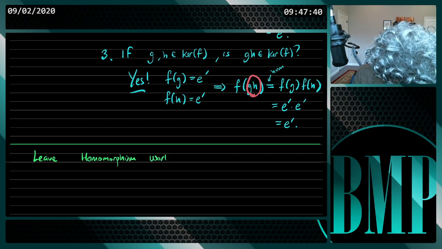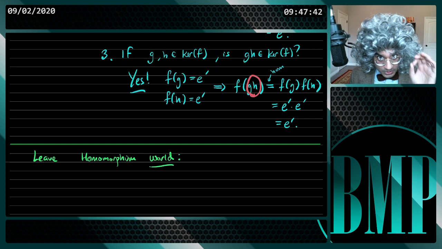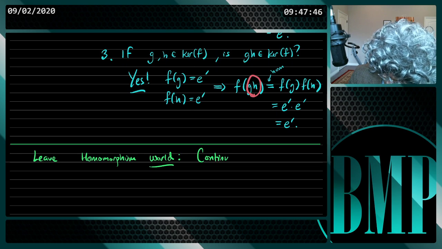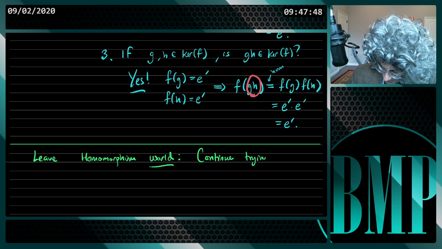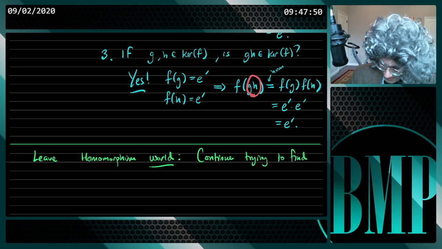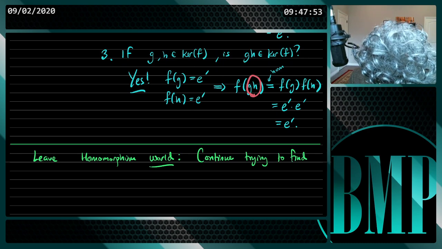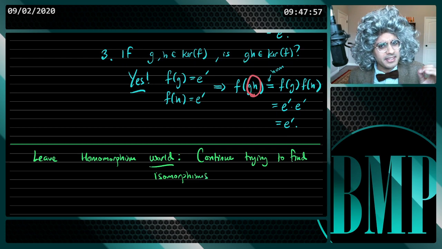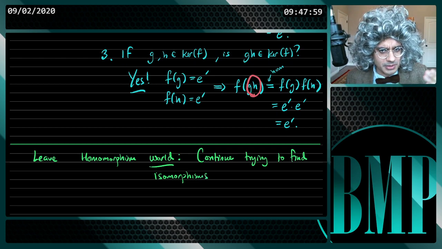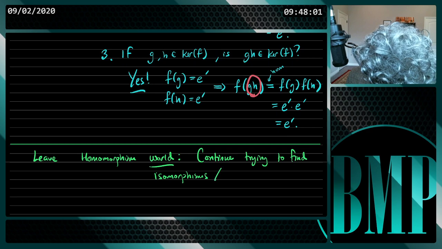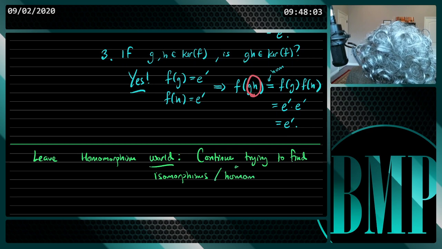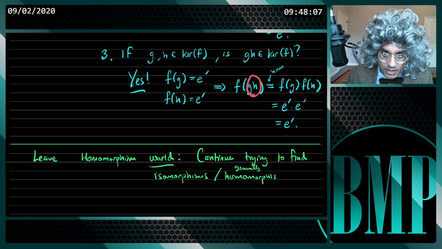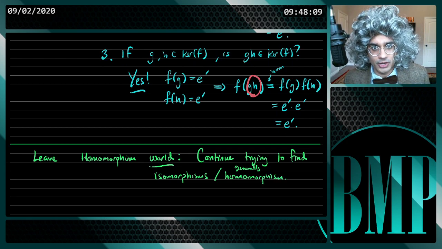But I want you to continue, I just want to remind you, continue trying to find isomorphisms and even homomorphisms that aren't isomorphisms. More generally, homomorphisms among all the groups that you know.